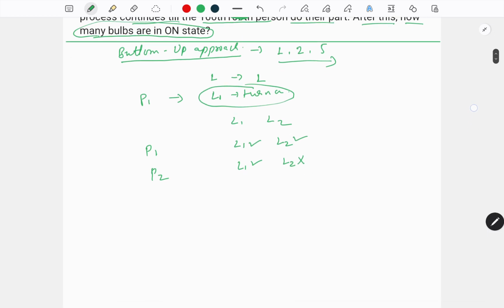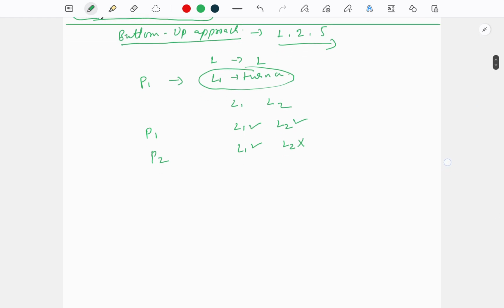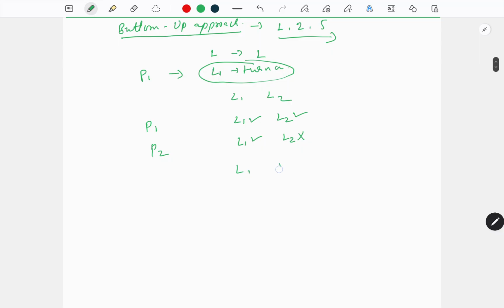Similarly, let's try three light bulbs, L1, L2 and L3, all initially off. Person 1 turns on all the bulbs, L1, L2, L3. Person 2 comes: L1 stays on, L2 is turned off, and L3 stays on.